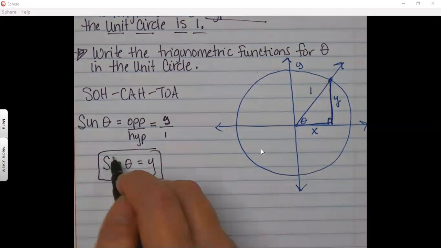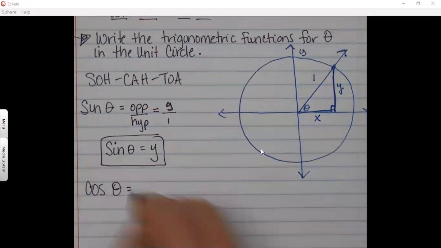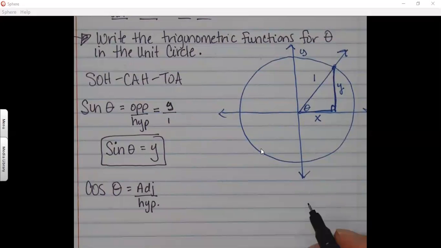Let's talk about your cosine of theta. And we know cosine, because of SOHCAHTOA, is the adjacent leg over the hypotenuse. Adjacent over hypotenuse. So in this generic unit circle, we don't know any measurements except for the hypotenuse, right?